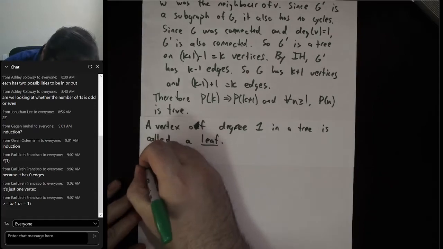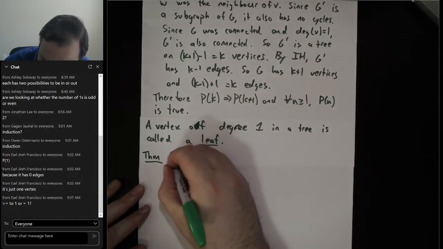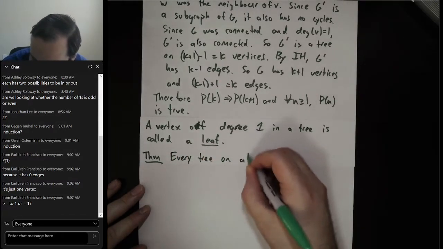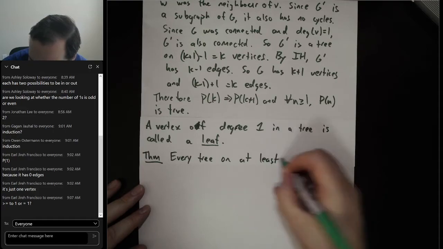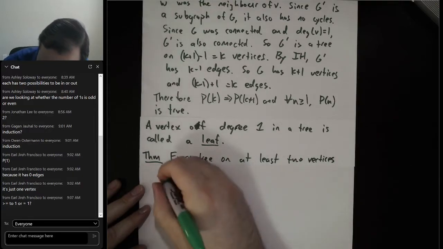But actually, every tree on at least 2 vertices has at least 2 leaves.